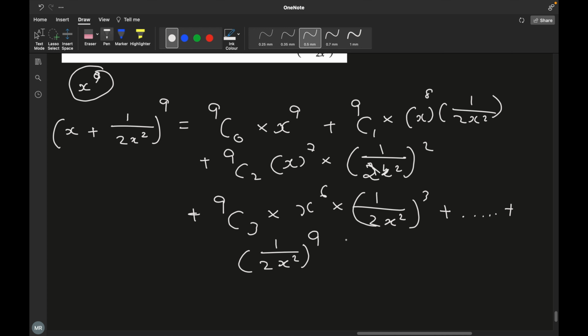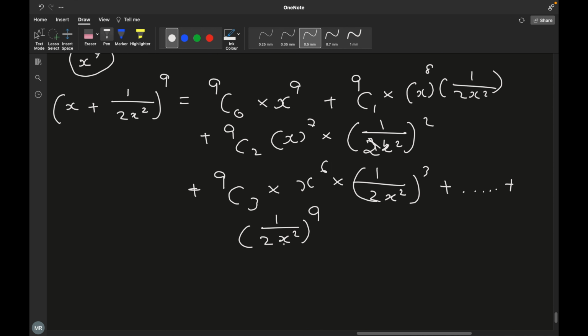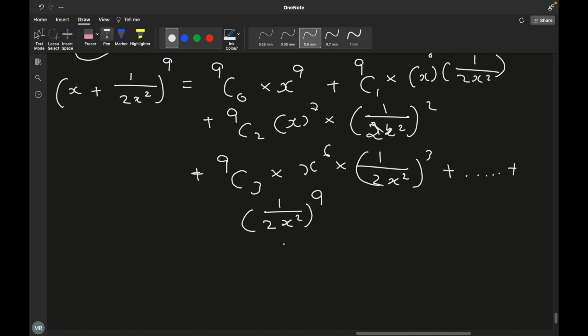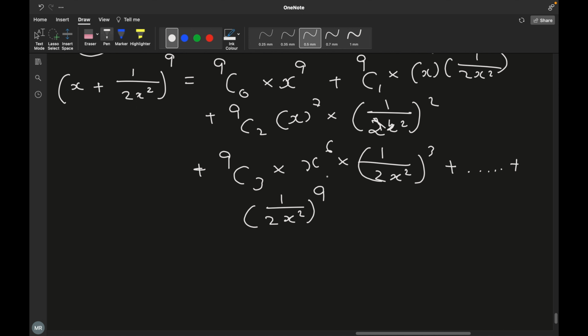So here we got our term independent of x, because here we get x to the power of 6, and here we get 1 divided by x to the power of 6. And therefore they cancel out, leaving us with just a numerical answer without x there. And so now we'll expand this, or simplify this.